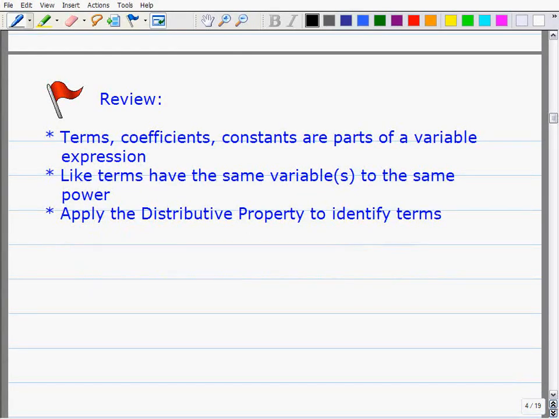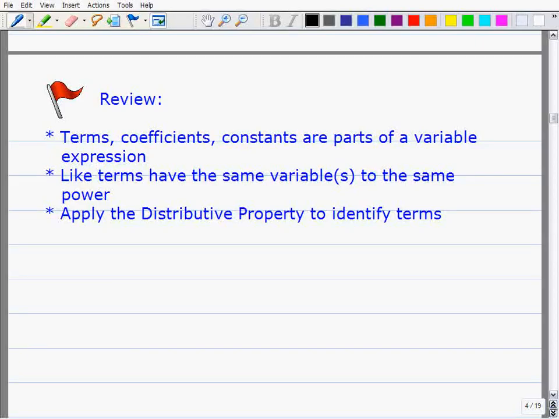Okay, so let's review. Terms, coefficients, and constants are all part of a variable or algebraic expression. These are all the components that make up an expression, and it's important that you know this terminology. Like terms have the same variable or variables, like that xy example we looked at. Like terms have the same variables to the exact same power.